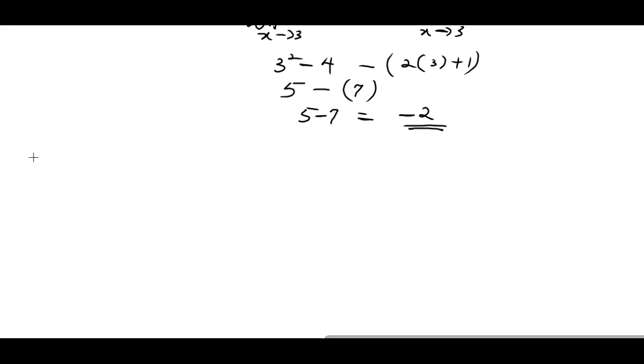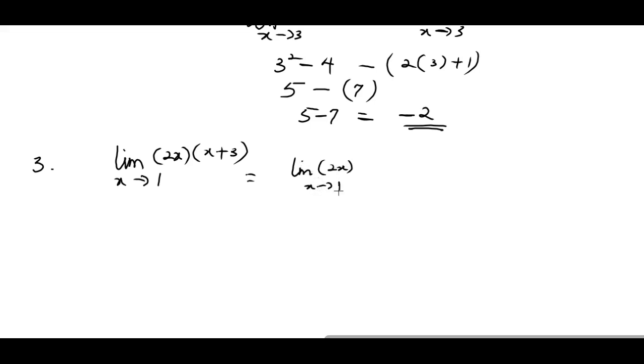Okay, let's take example 3, where we can apply the product law. If we have the limit of 2x multiplied by x plus 3 as x tends to 1, according to the product law, we can have the limit of 2x as x tends to 1 multiplied by the limit of x plus 3 as x tends to 1.